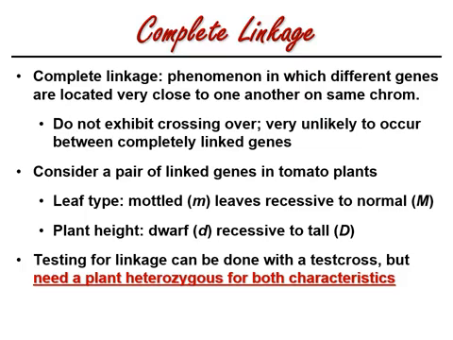We could use that to test a little bit for linkage, but it's going to be a little tougher. So what we really need to test for linkage is a plant that is heterozygous for both characteristics.